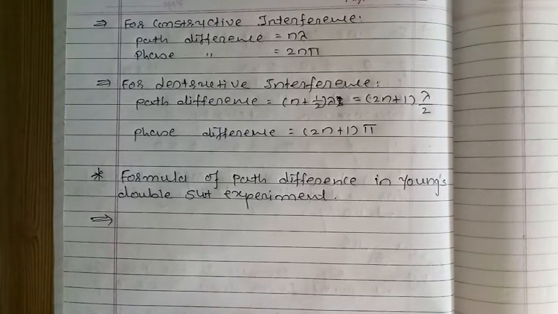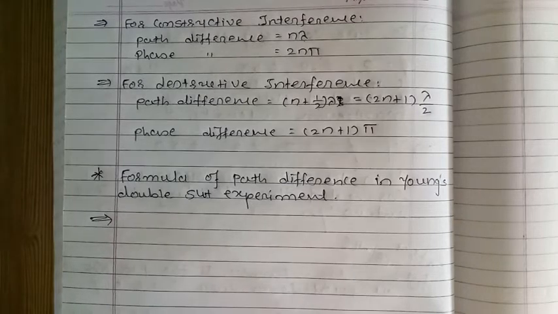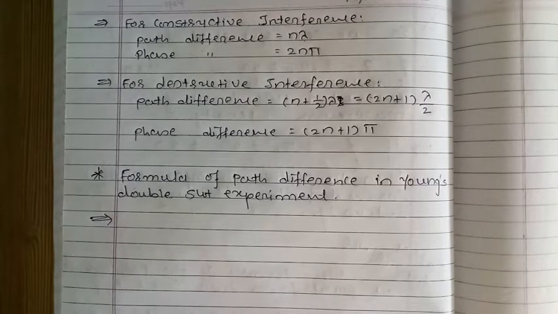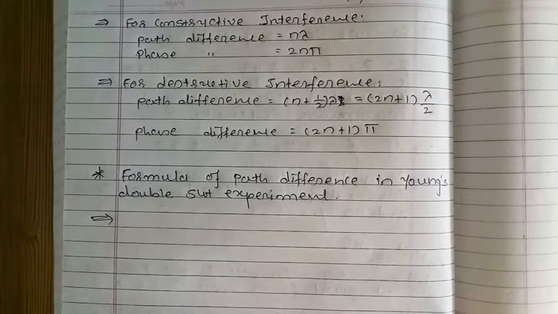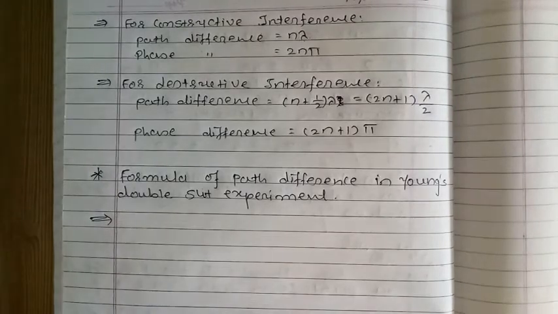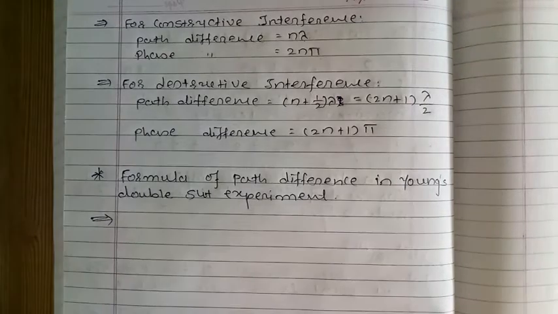Now today we discuss the formula of path difference in Young's double slit experiment, right? The question is like this: obtain the formula of path difference at a point on the screen in Young's double slit experiment in terms of x, small d and capital D, right?